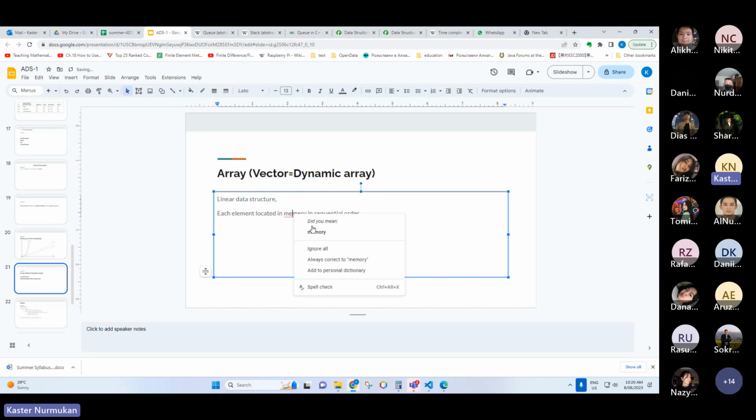That's memory, in sequential order. So that's the reason they have an index. Okay, let's say I can conclude with these three sentences: linear data structure, each element located in memory in sequential order.